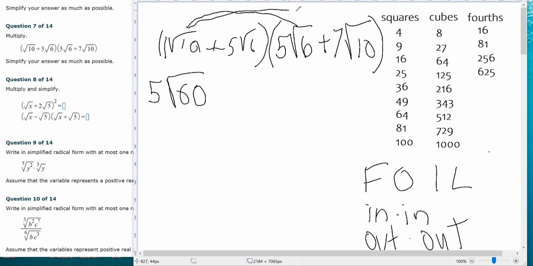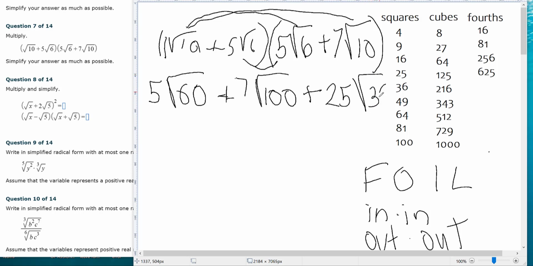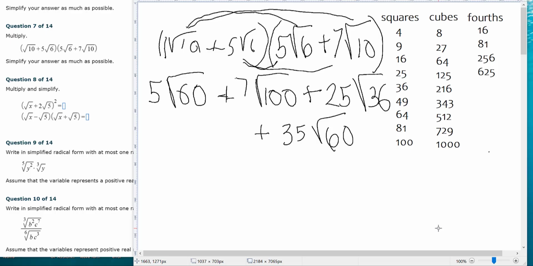And then the square root of 10 has to go to the outside, so plus 7 square root of 100, because 10 times 10 is 100, plus inside 25 square root of 36, and then the last 2 is going to be plus 35 square root of 60. Now I've got to reduce this, so let me write the whole thing down in a straight line here so you can see.